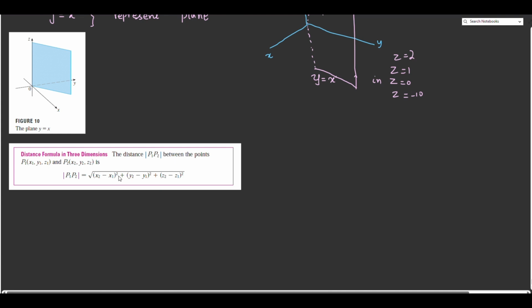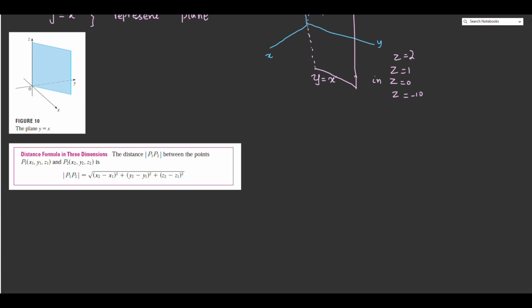We only include a third term: the square root of (x2 minus x1) square plus (y2 minus y1) square plus (z2 minus z1) square. By this formula you can find the distance between 2 points in the 3D space.